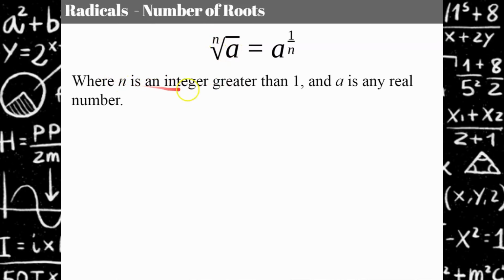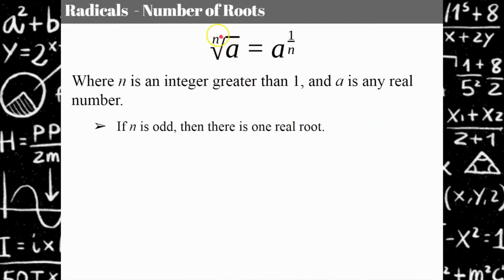So when n is an integer greater than 1, which is what you're going to see here, and a is any real number, that becomes very important. We'll talk about that further in the lesson. If n is odd, so if your index is odd, meaning 3, 5, 7, then there is only one real root.